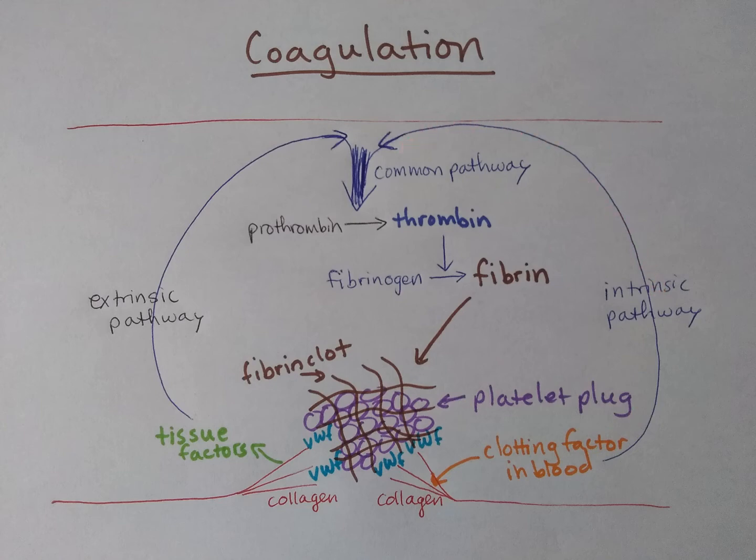And then also the damaged blood vessel wall will release some tissue factors, and they will then start another pathway, the extrinsic pathway. Both of those pathways will meet and form the common pathway, and they will activate the protein prothrombin to the active form of thrombin. And then thrombin will take fibrinogen that's inactive in the blood and activate it to the fibrin. And then the fibrin will form that protein net over the platelet plug, and that fibrin clot forms the blood clot.